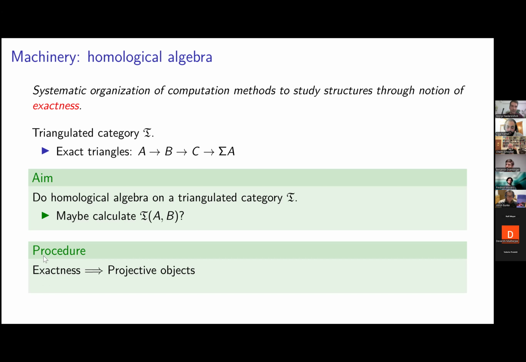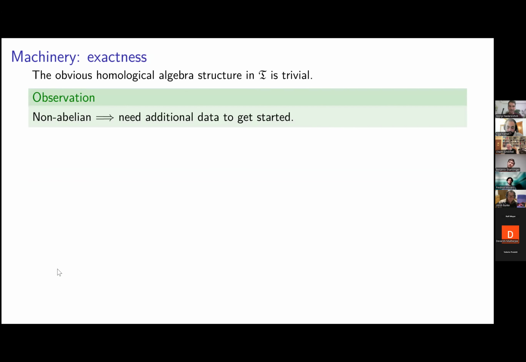So if you have a notion of exactness, you have a notion of a projective object, which of course gives you a notion of a projective resolution, which then grants you in favorable cases a notion of derived functors, and so on and so forth. You build the homological algebra. So this would be my procedure. But again, it starts with exactness.